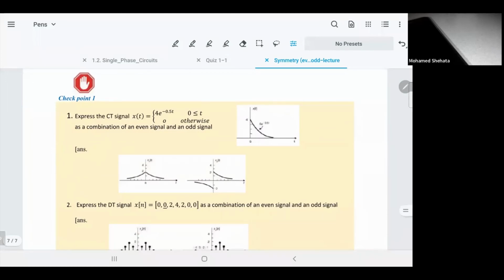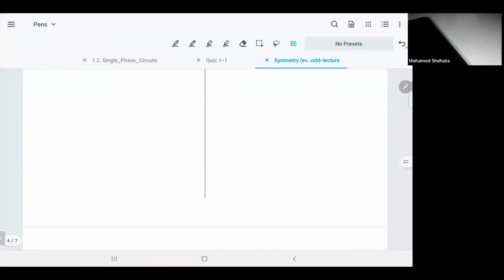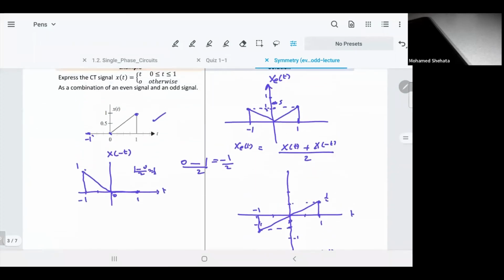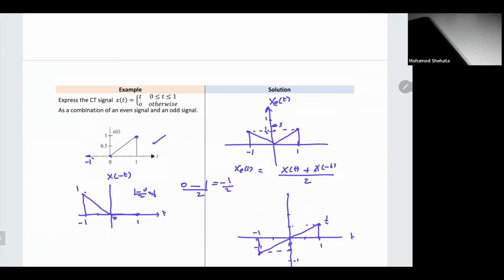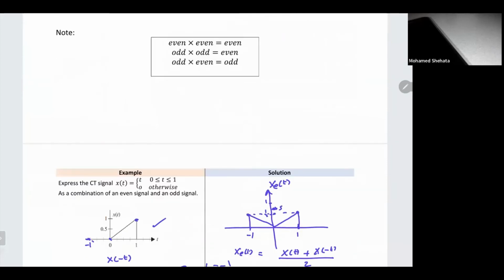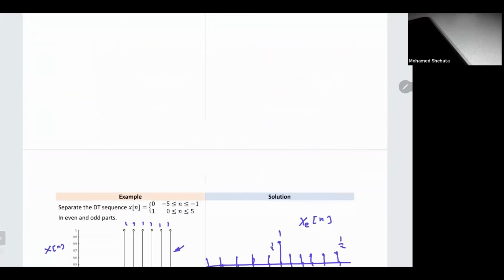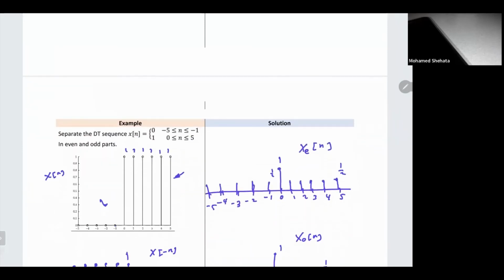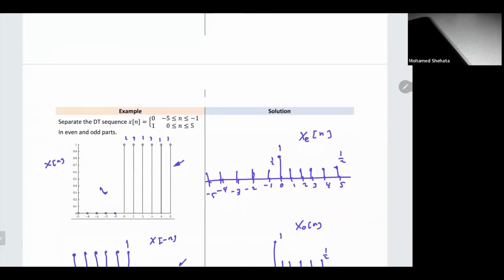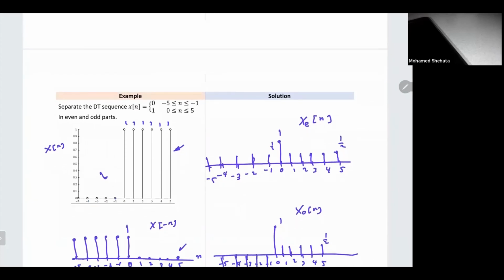Yes. Could you show the algebra way for the previous question? The question we just did. Oh, the discrete? Yeah. Okay, let's just pick any signal we're looking at. Let's say we're looking for the even.